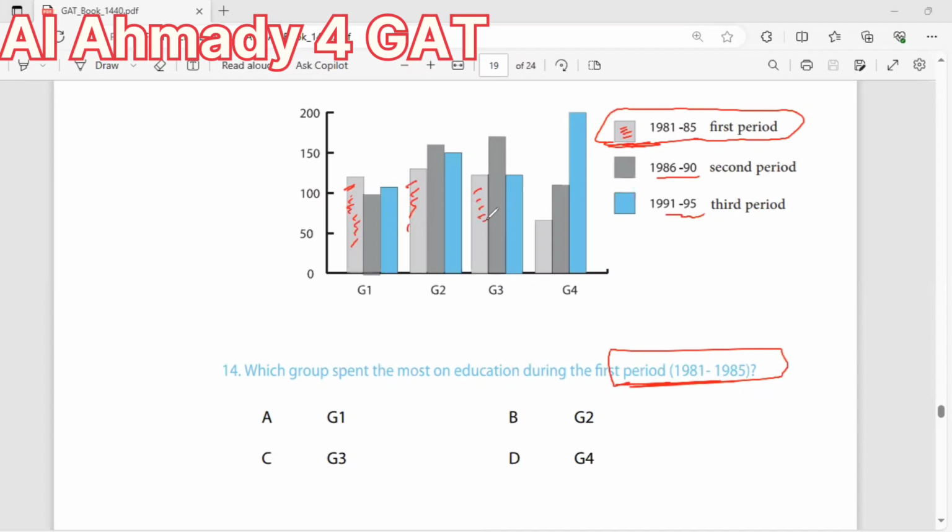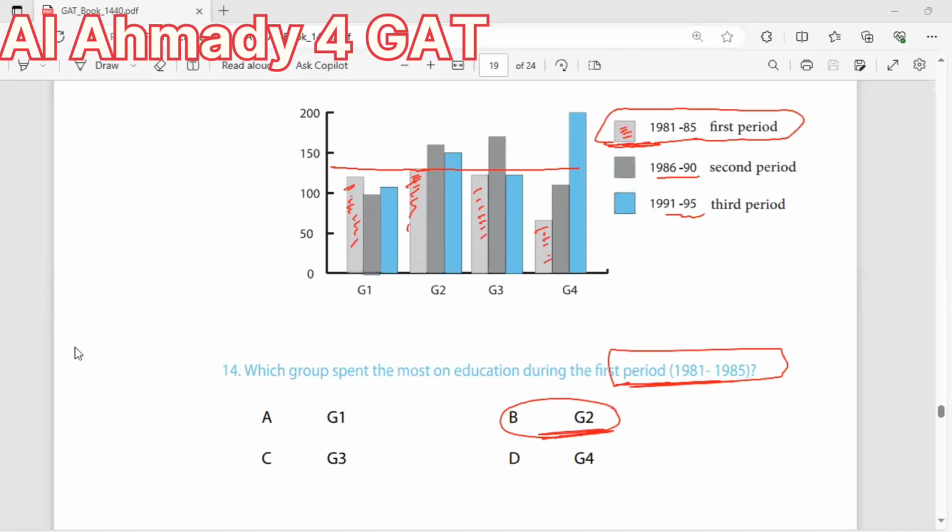You can note that this column is the highest one. So which group spent the most on education? It's group 2.